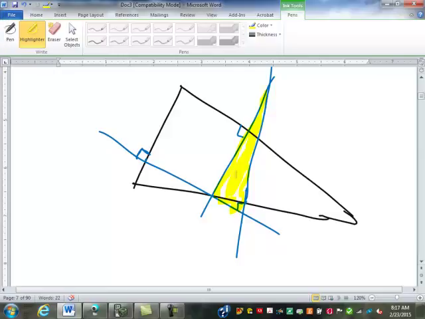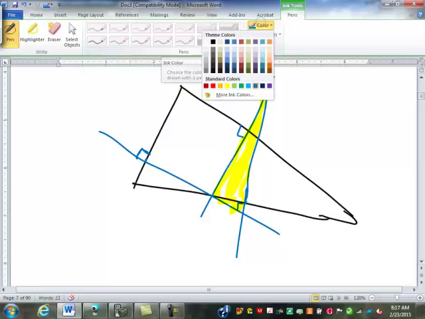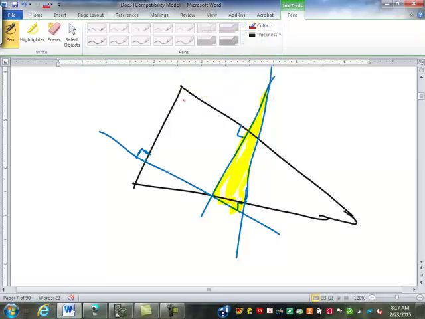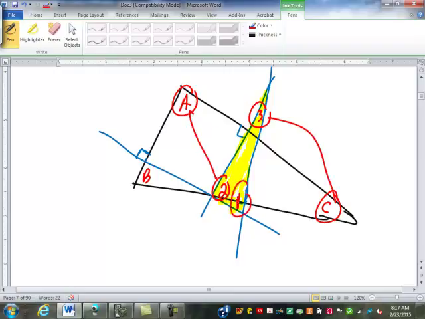Now, this one's going to be a little bit tougher to pick out. So I'm going to label these angles A, B, and C, and 1, 2, and 3. 2 goes with what? With A, okay. 3 is definitely C. That's the easy one to pick out. Yep. 1 would be left with B. Okay.